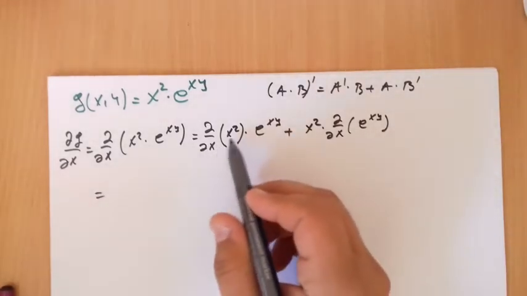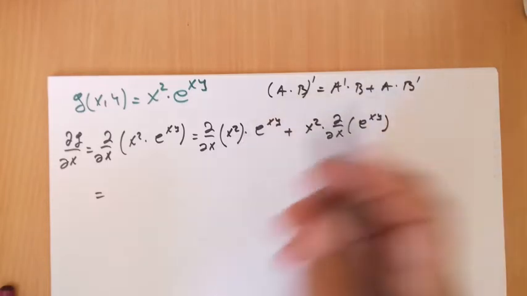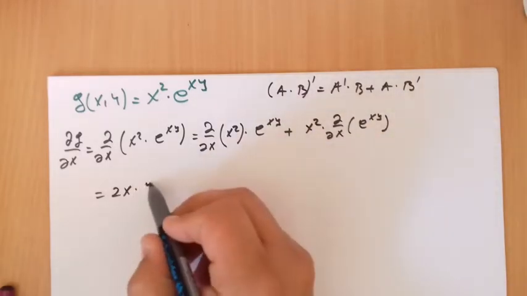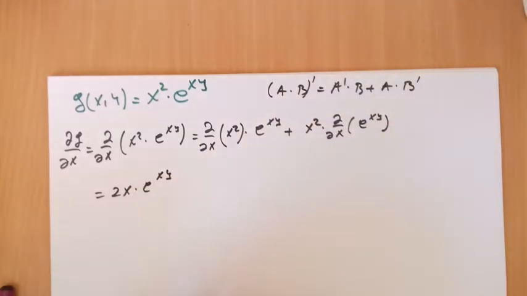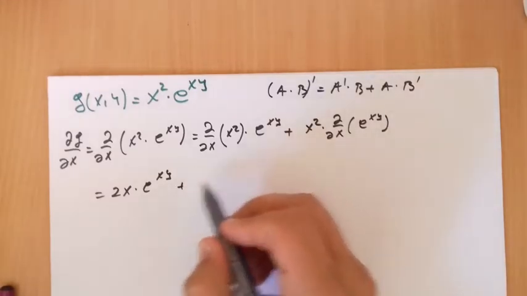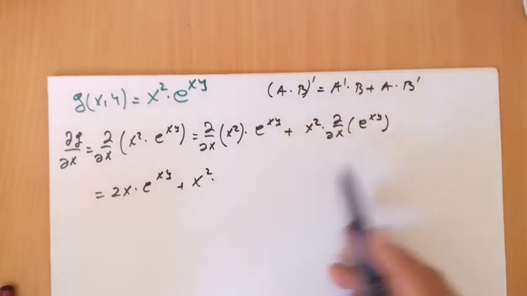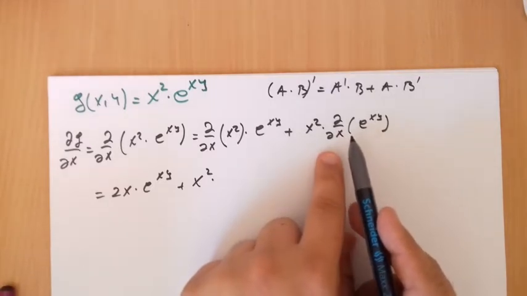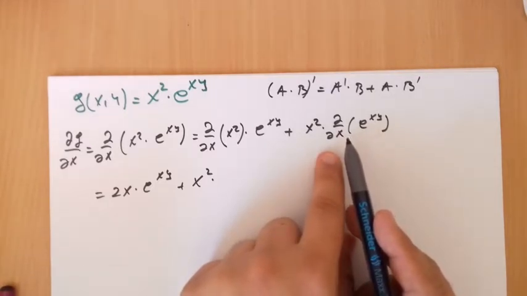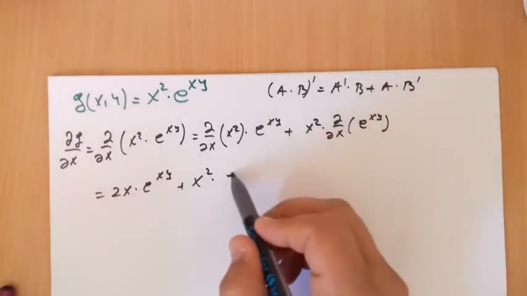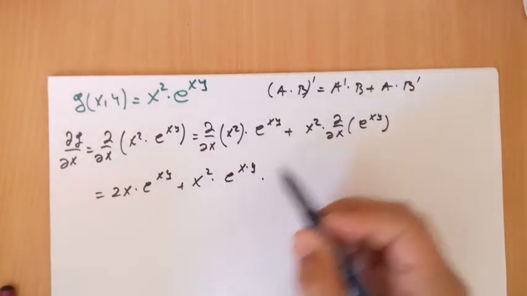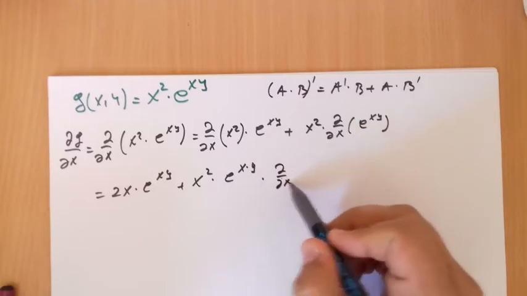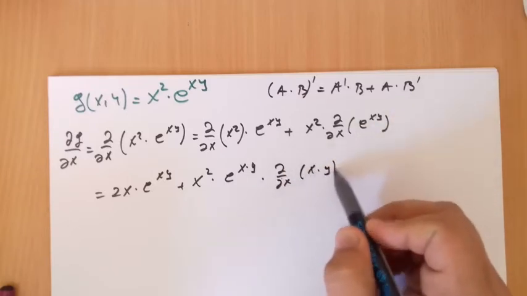So the derivative of x squared is 2x times e to the xy plus x squared times the derivative of e to the x, which is e to the x. So now we have e to the xy, but we have to take partial derivative of this argument here, x times y.